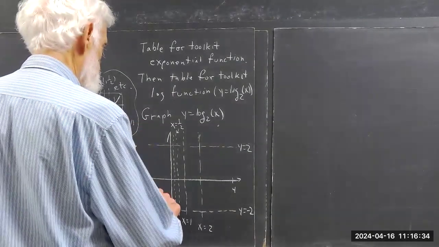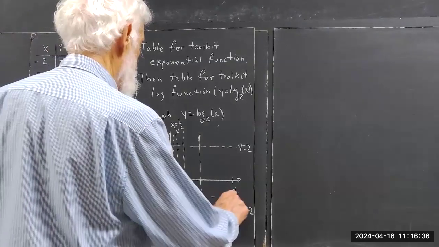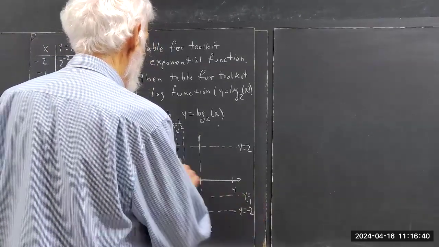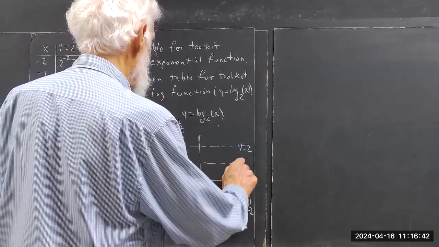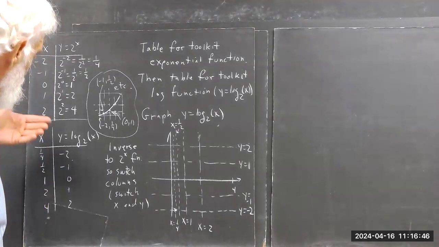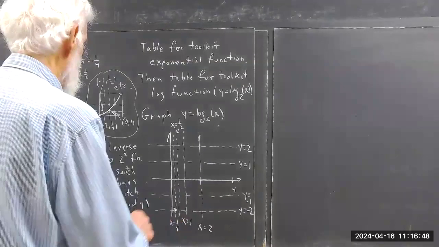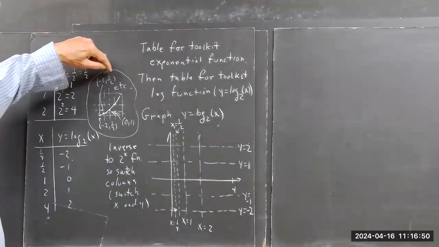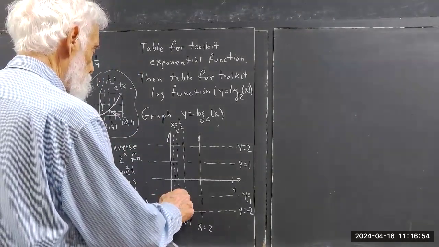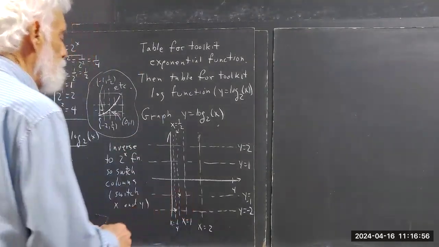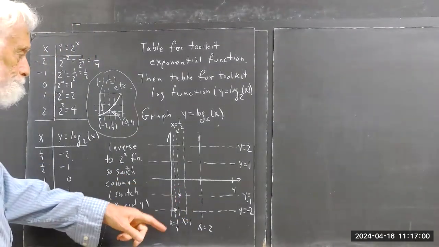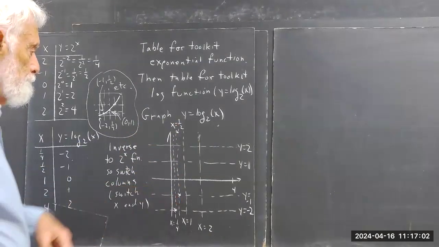Well, then we can do y equals -1, y equals 1, so we can plot the rest of our points. The point -1, 1/2 transforms as a reflection. I'll flip it, and then I would have the point 1/2, -1.